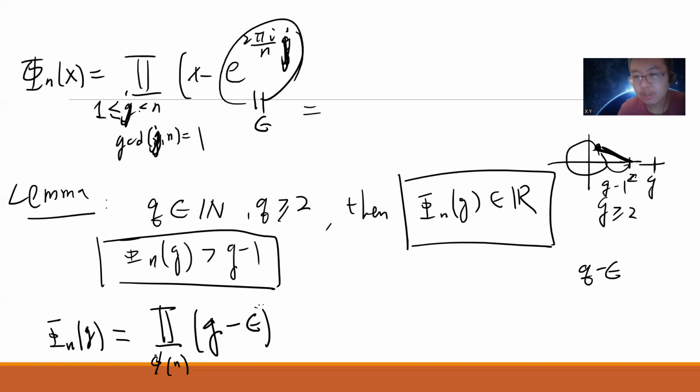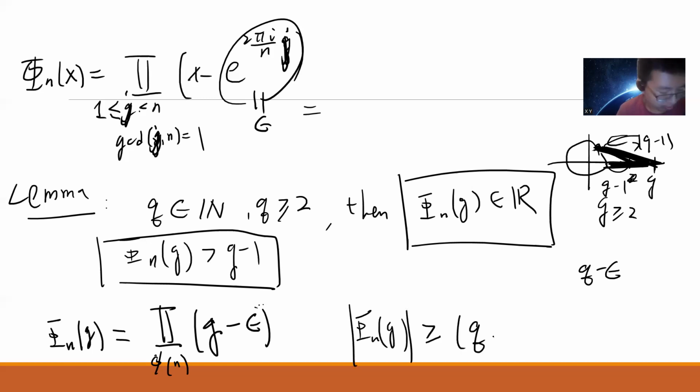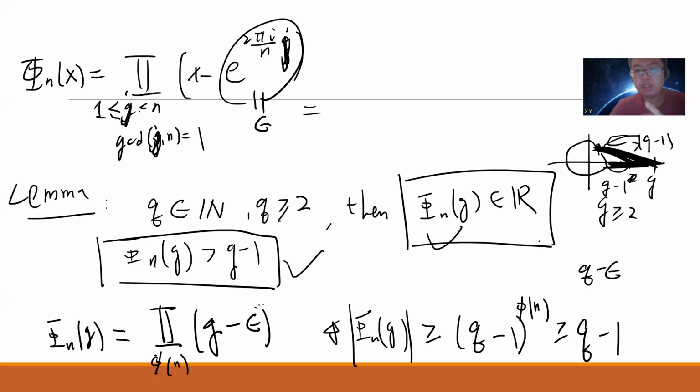If this is q, then this distance is q minus 1, and so this black distance must be greater than q minus 1. So the absolute value of Φ_n(q) must be greater or equal to (q minus 1) to the power φ(n), and obviously greater or equal to q minus 1. This is trivial because each distance is greater or equal to this distance.